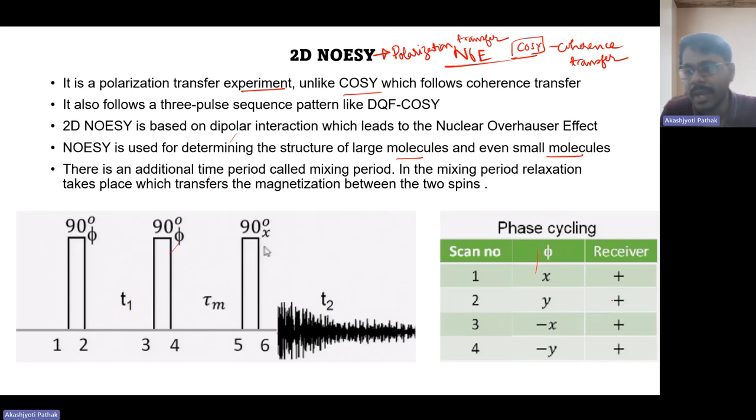And you are adding up these individual FIDs, and the final FID that you will get in the receiver will be the addition of these different FIDs.